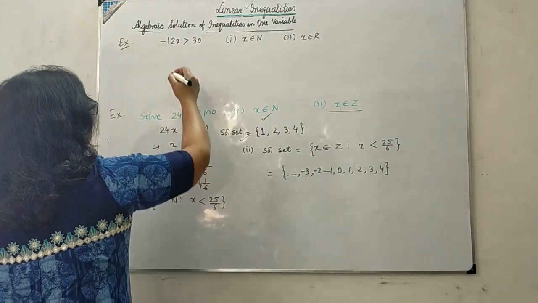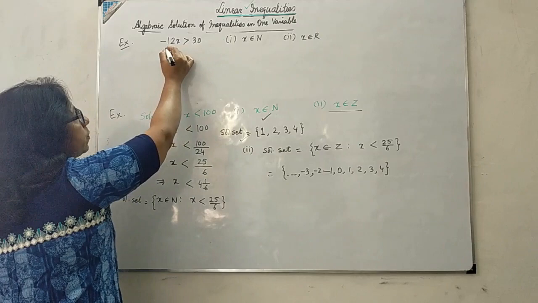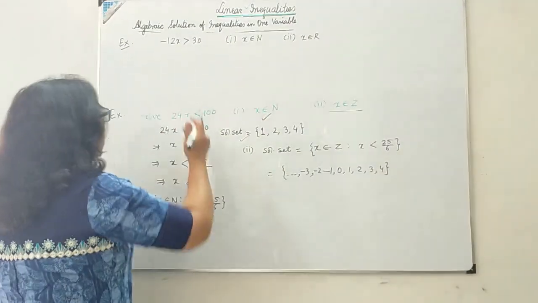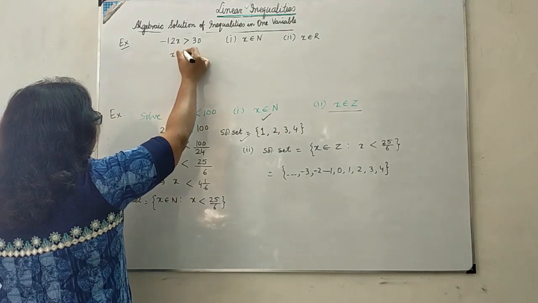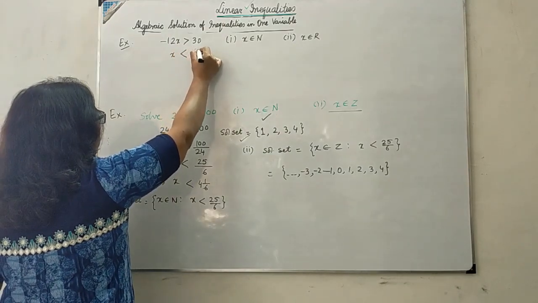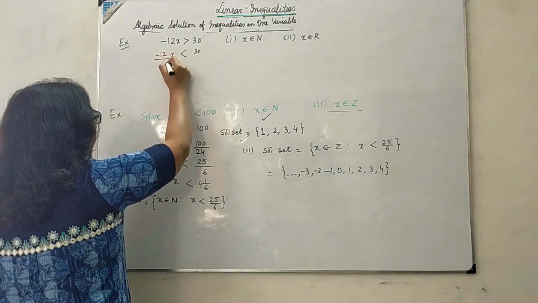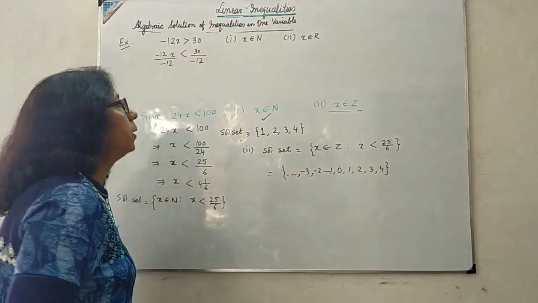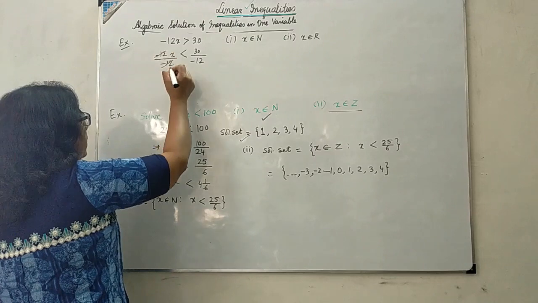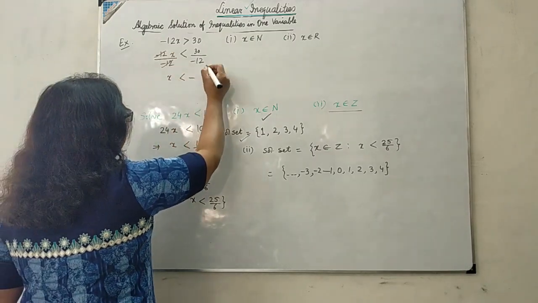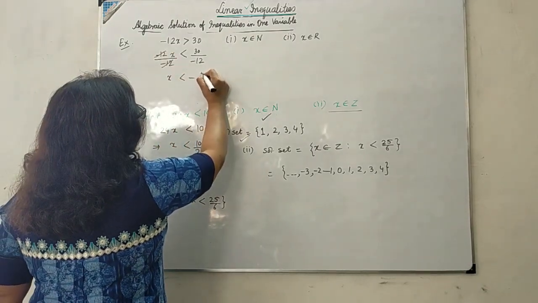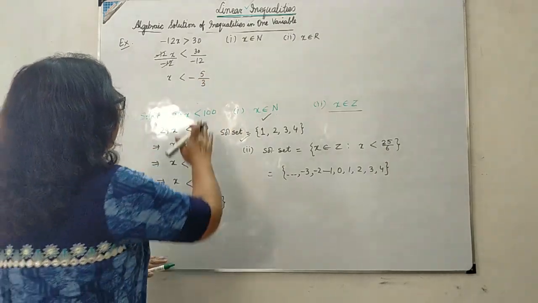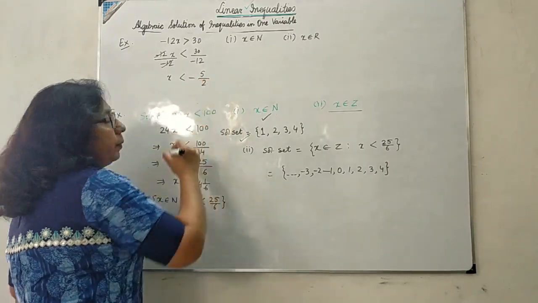Now because I want to divide both sides by -12, which is a negative number, as I told you earlier, the sign will be changed. -12 by -12 cancels, so x is less than minus 5 by 2.